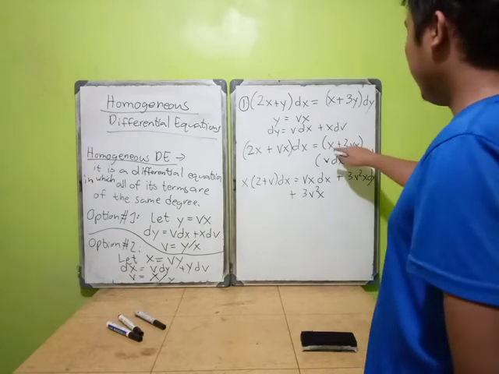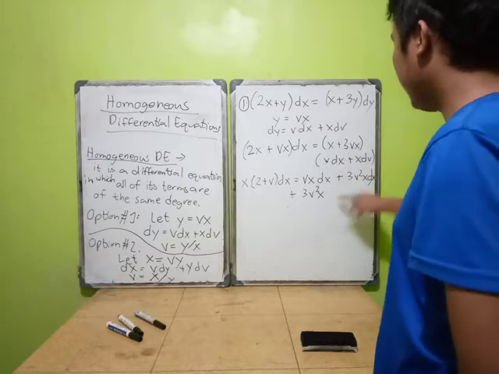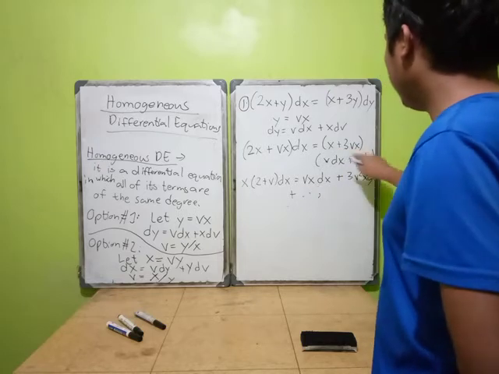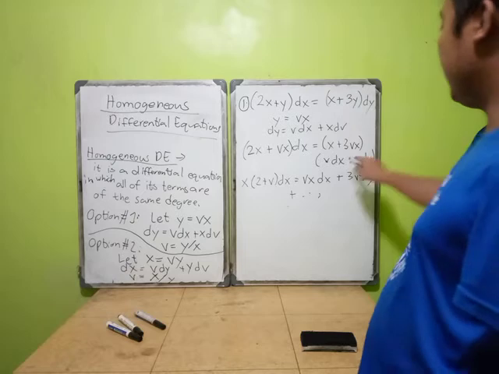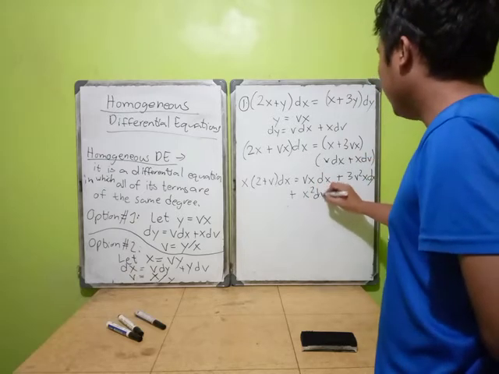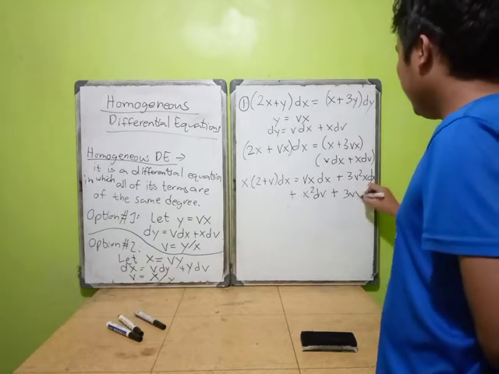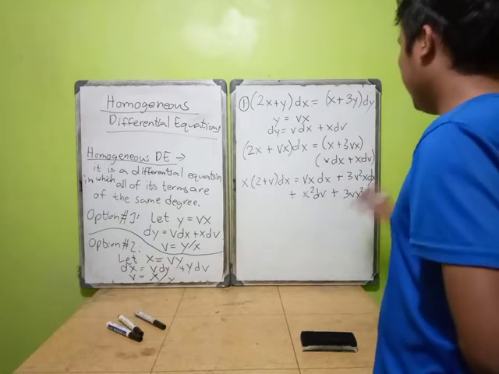Okay. So, tama ba yung ginawa natin? Ito, minultiply natin kay vx, then sunod is minultiply naman natin si x plus 3vx dito. So, magiging x squared dv na pala to. X squared dv plus 3vx squared dv. Yan.